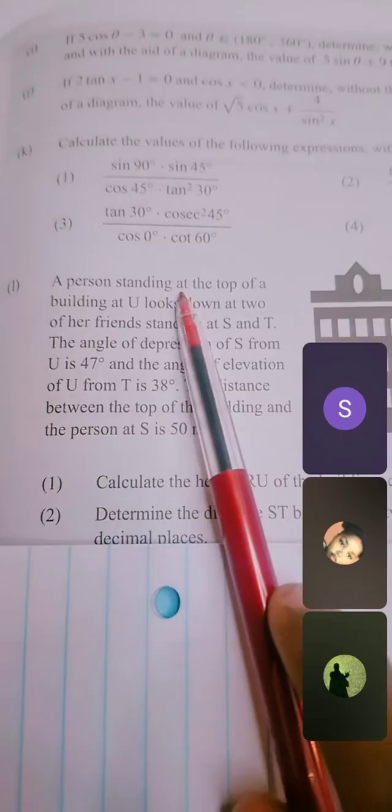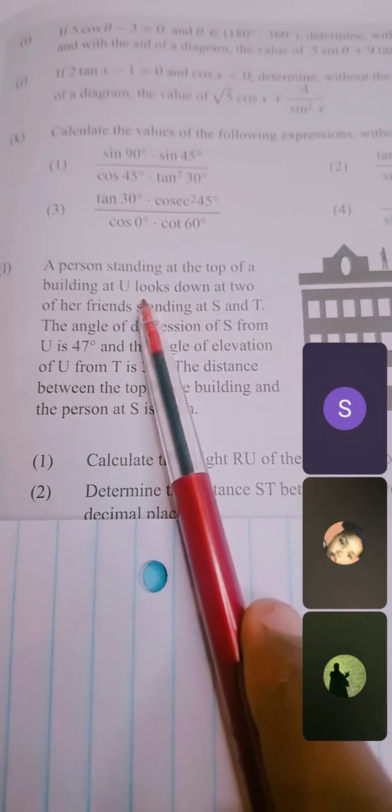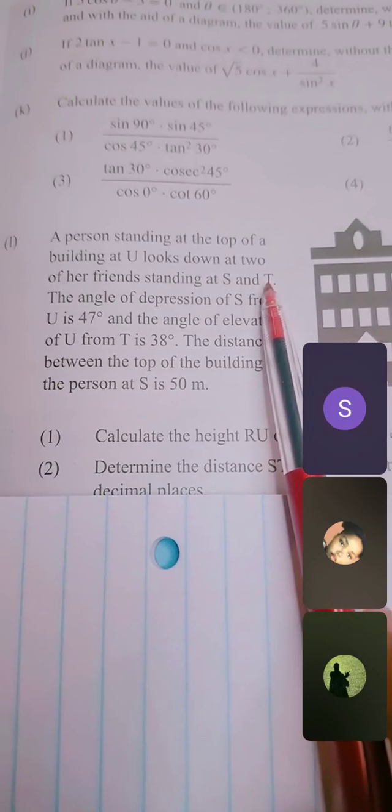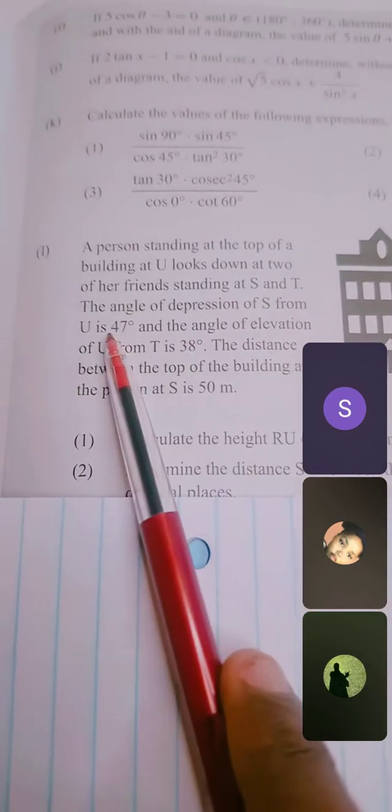You see this question: a person standing at the top of a building at U looks down at 2 of her friends standing at S and T. And then it says the angle of depression of S from U is 47 degrees.